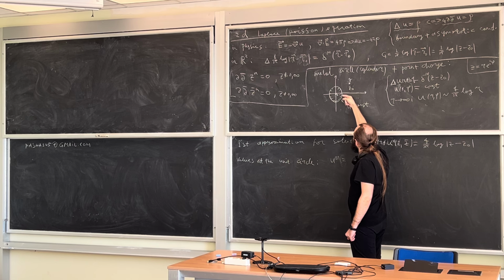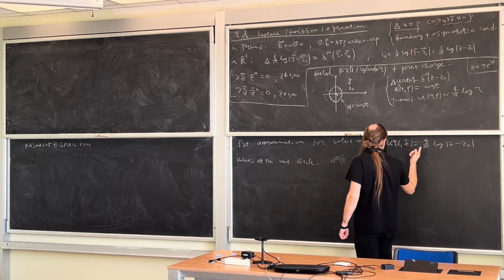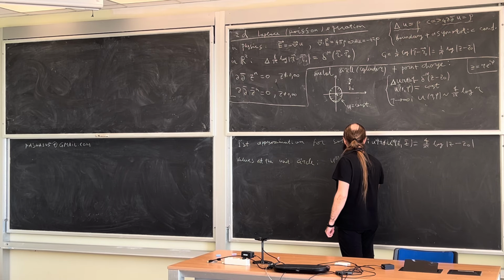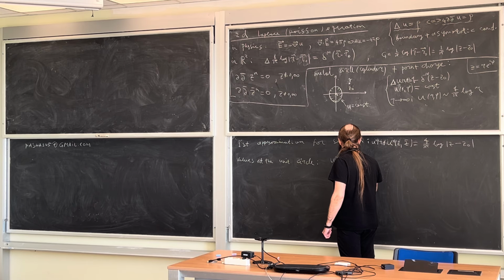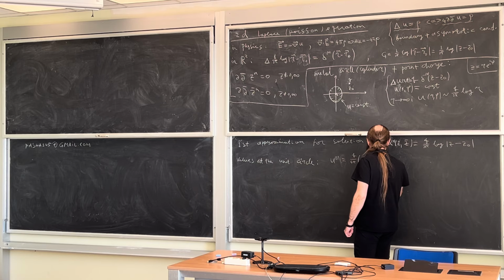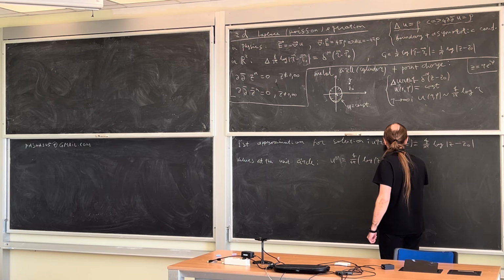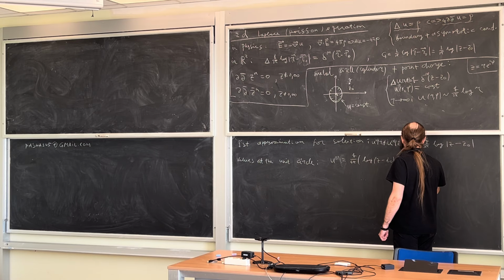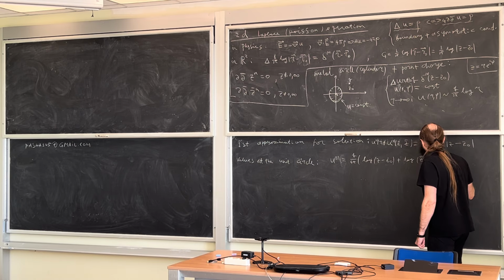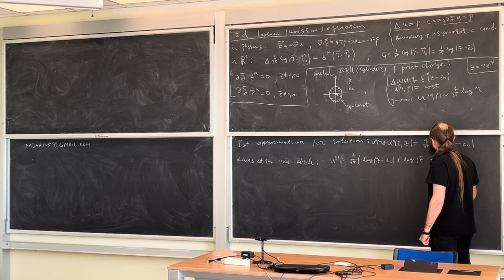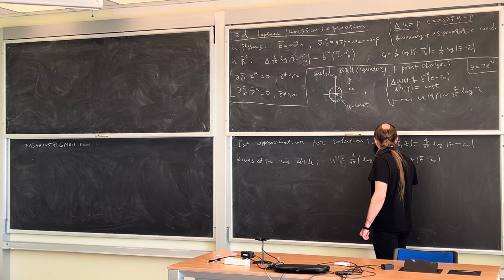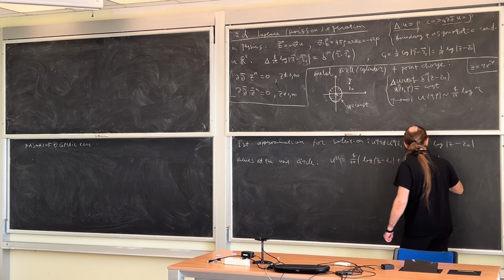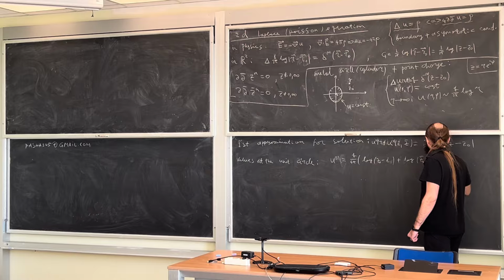So in this region, z is less than 0. And we can expand this logarithm as a series. So we can write that u1 is q over 4 pi, logarithm of z minus z0 plus logarithm of z bar minus z0 bar. Maybe better to write like this: z0 minus z, z0 bar minus z bar.